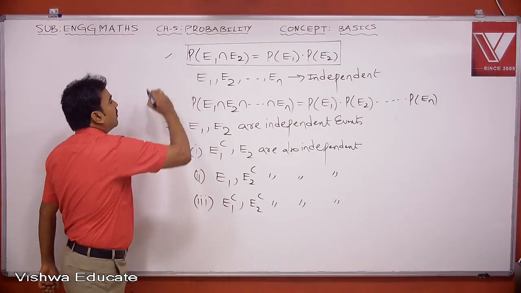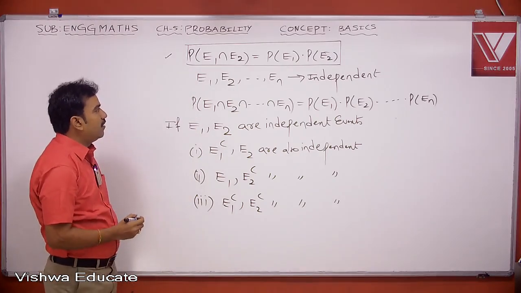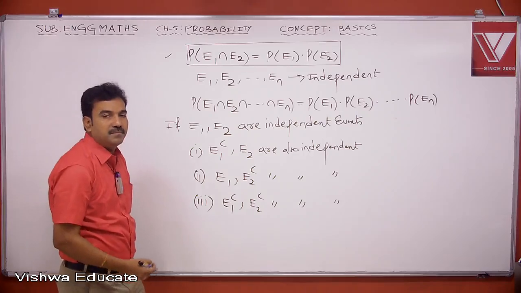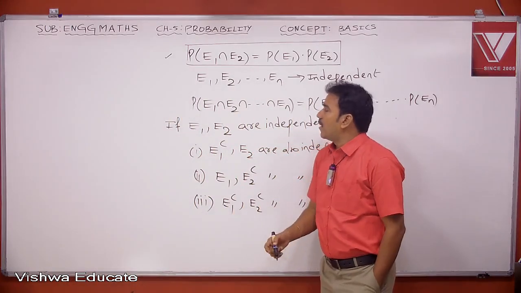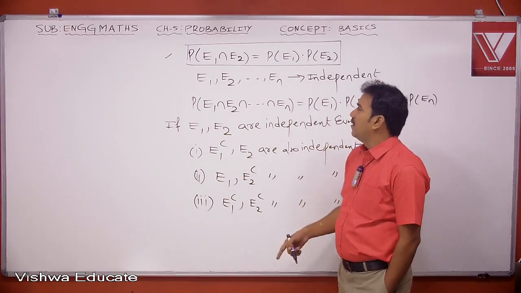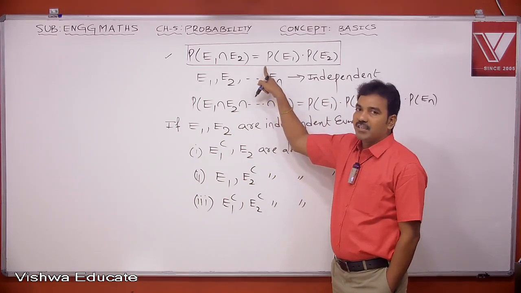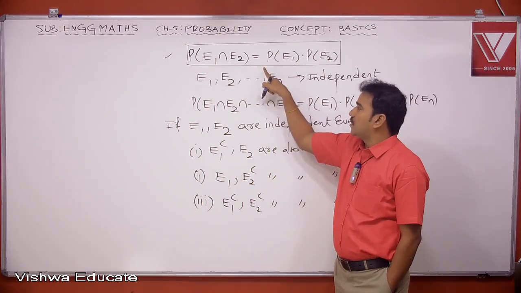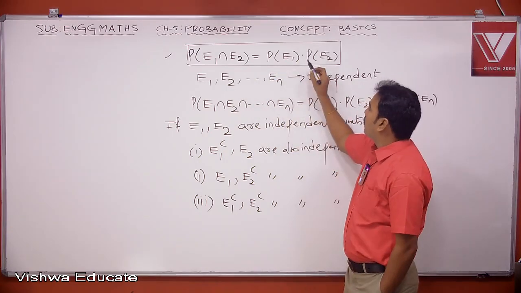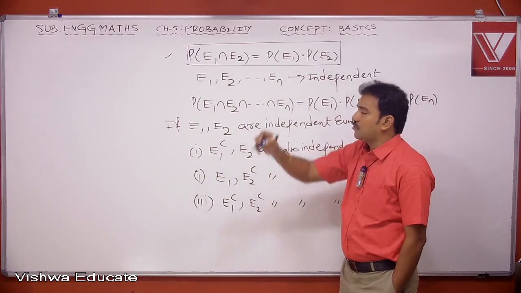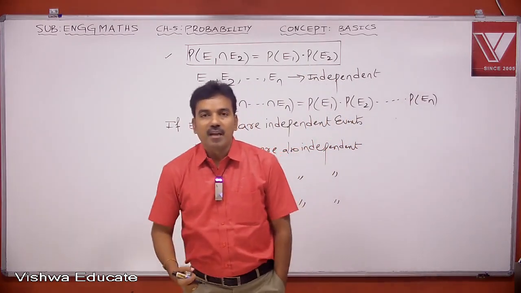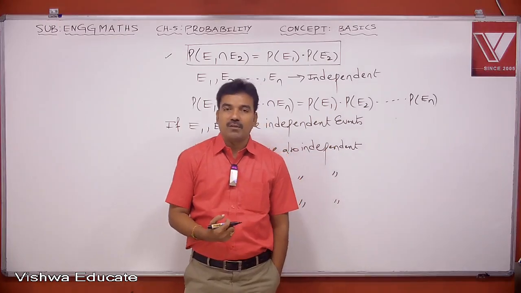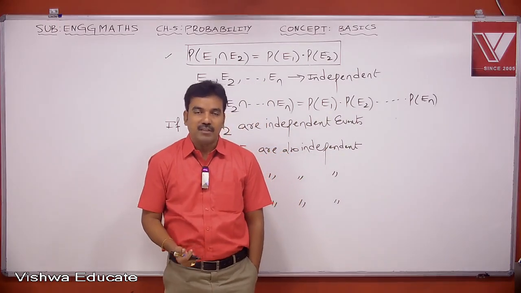Note, if E1, E2 are independent events, then P of E1 intersection E2 equal to P of E1 dot P of E2.